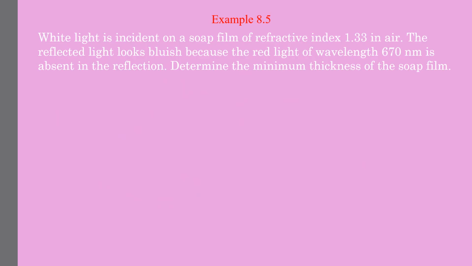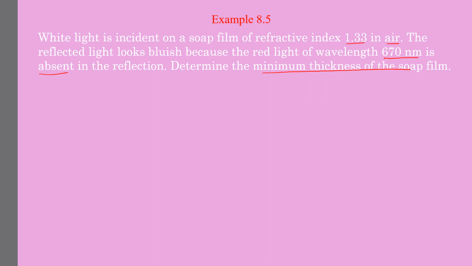Example 8.5. White light is incident on a soap film of refractive index 1.33 in air. The reflected light looks bluish because the red light of wavelength 670 nanometer is absent in the reflection. Determine the minimum thickness of the soap film.